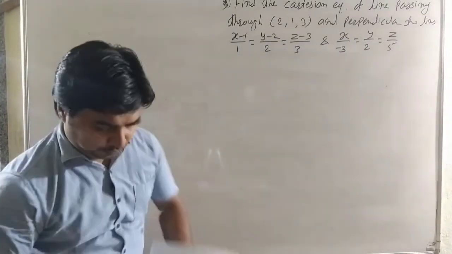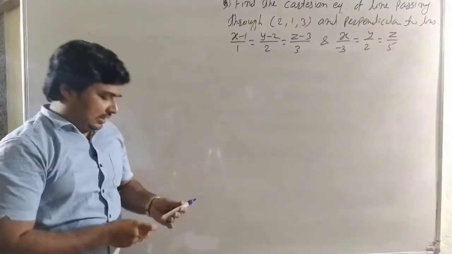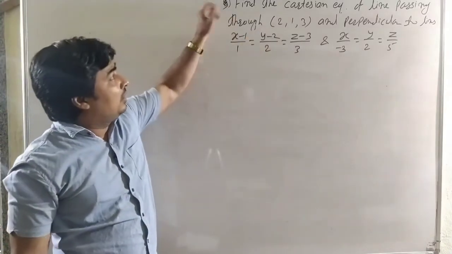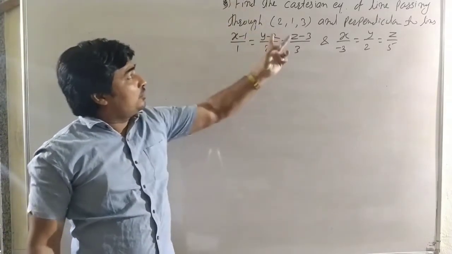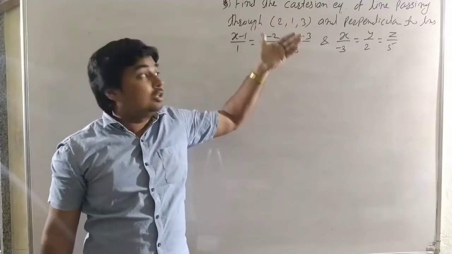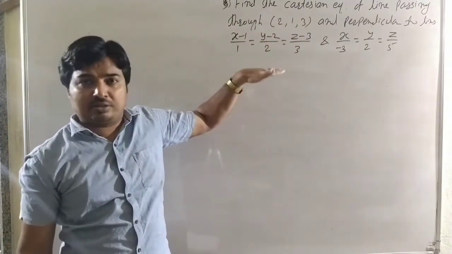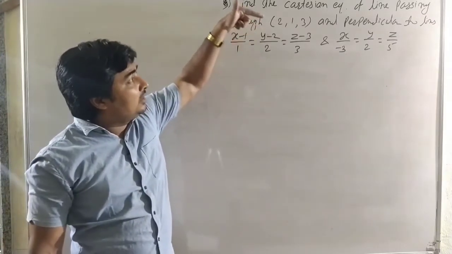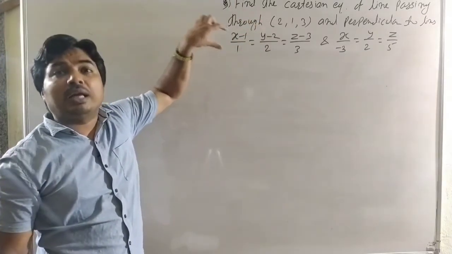Now the last example and this example are the same. In the last example, the question was to find the Cartesian equation of the line passing through a point and perpendicular to two vectors. Here it is given that the line is perpendicular to two lines.